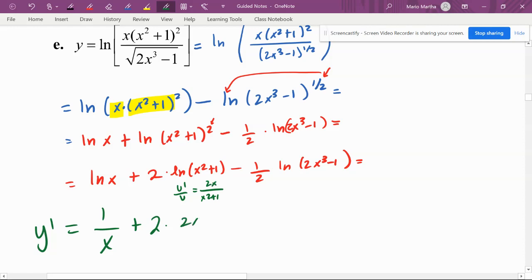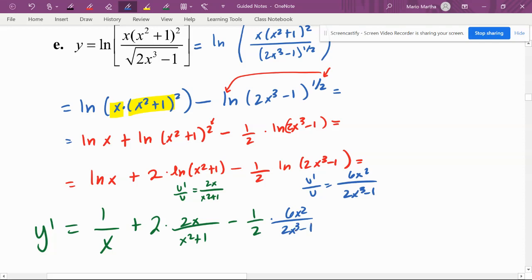So times 2x over x squared plus 1 minus 1/2, right? And then again, the derivative of this one, you have u prime over u. So that's going to be 2x cubed minus 1 at the bottom. Take the derivative of that, you get 6x squared. So times 6x squared over 2x cubed minus 1.